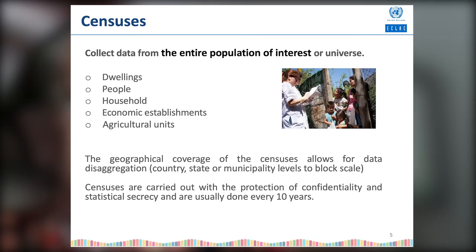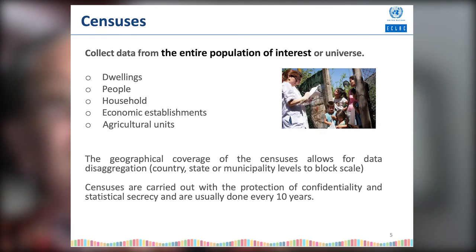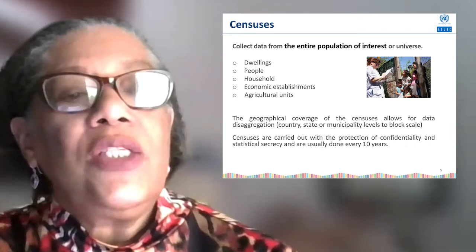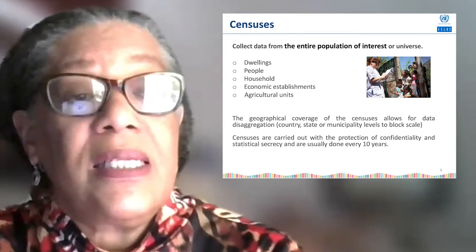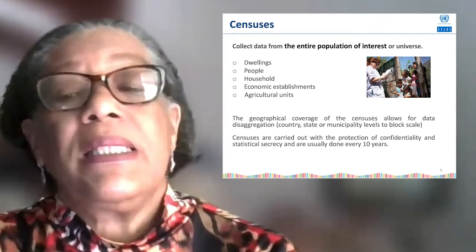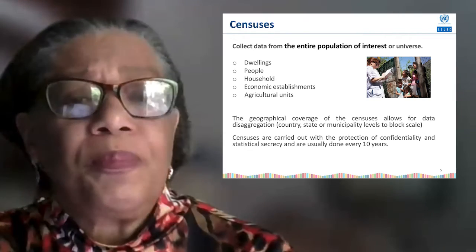So on censuses, as we have said, we collect data from the entire population of interest or universe, and we look at the people in households and in dwellings, and we can also have censuses of economic establishments and for agriculture.